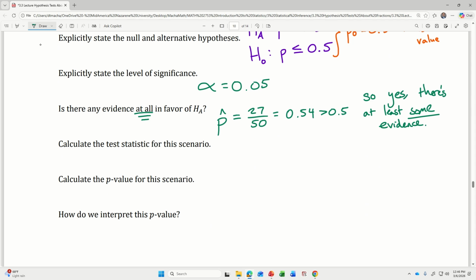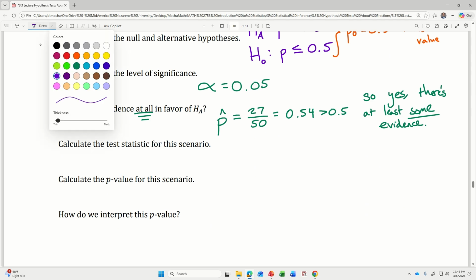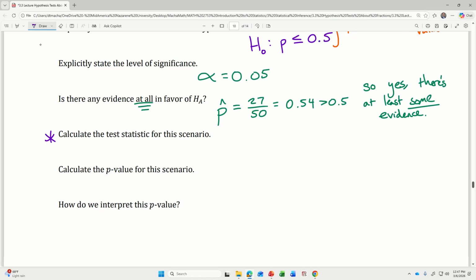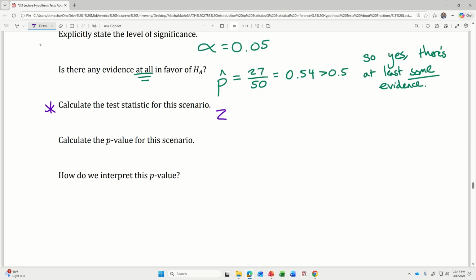So then we calculate the test statistic for this scenario. The test statistic for us is going to be a z-score, and it's going to be the number of standard deviations that my sample fraction is away from the threshold value.